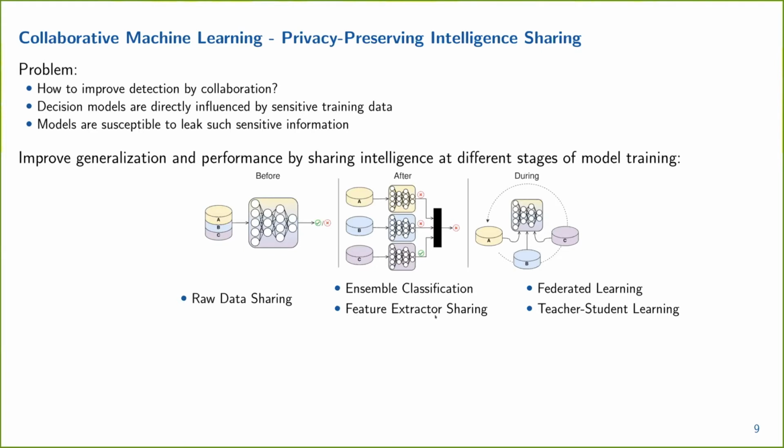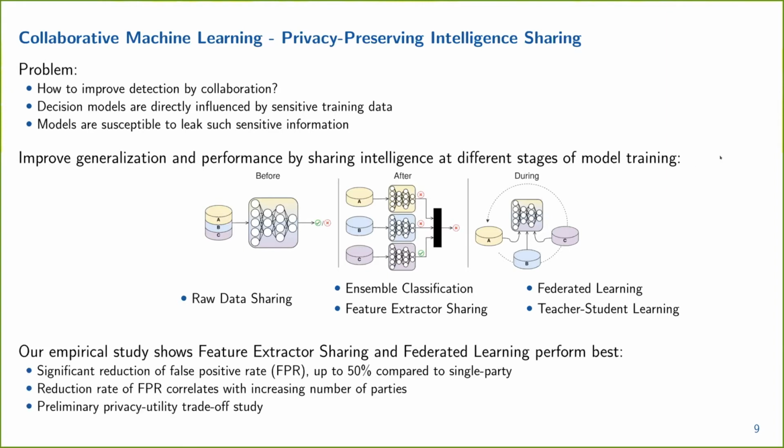And of course, information sharing is also possible during the training of a model. For instance, in federated learning, we share the updates of the weights. And in the teacher-student approach, we train a student classifier based on the predictions of teacher classifiers. And we conducted an empirical study, and there we could show that the feature extractor sharing and federated learning perform best. And there we could show that we can achieve a significant reduction in false positive rate by up to 50% compared to a single party approach.